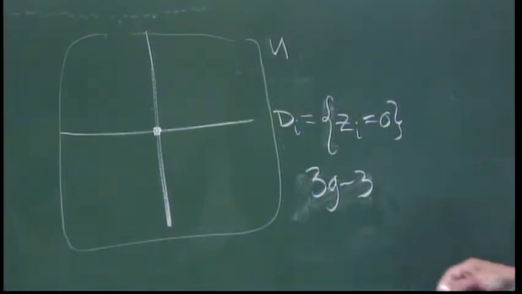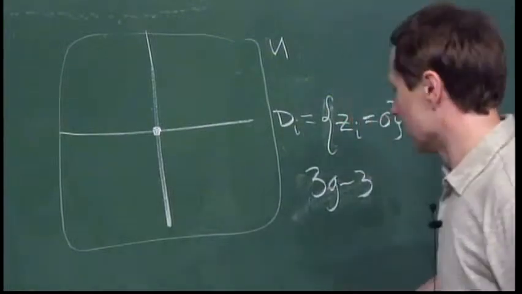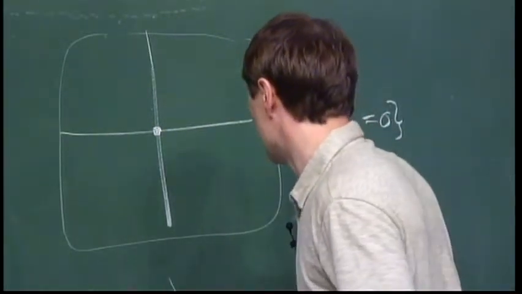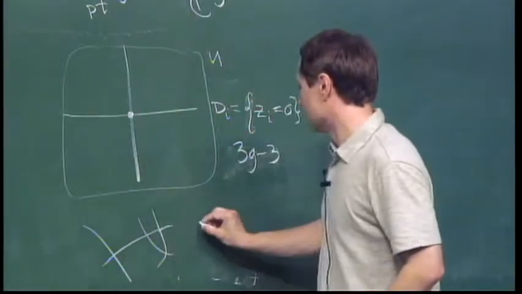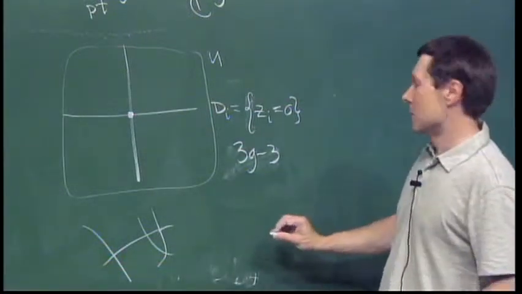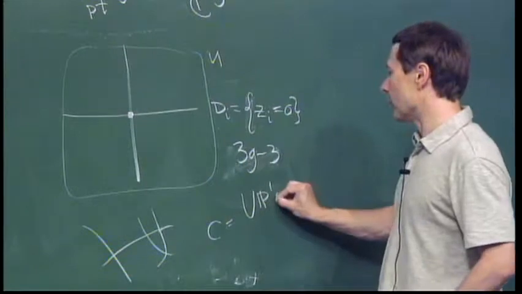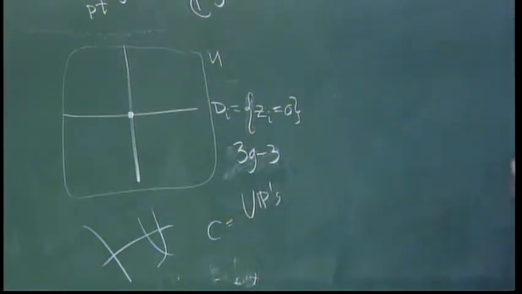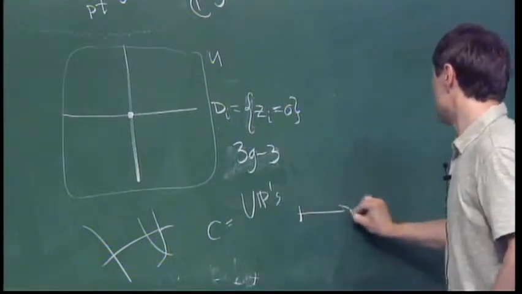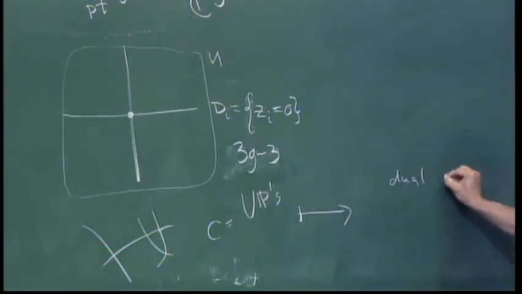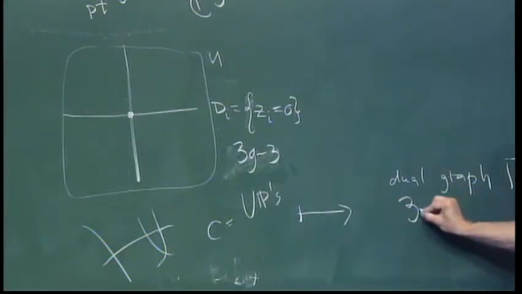So this curve C is the union, it's glued from P^1s. There are 2g minus 2 P^1s, and you can associate to that a dual graph gamma. It's trivalent.